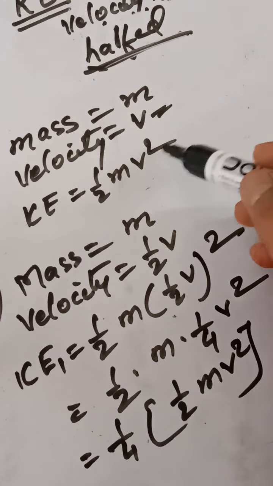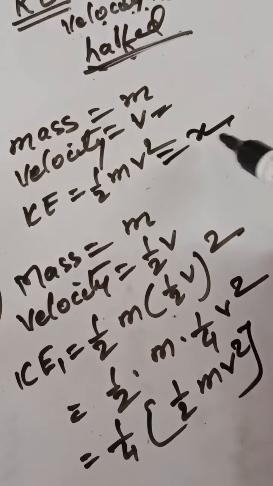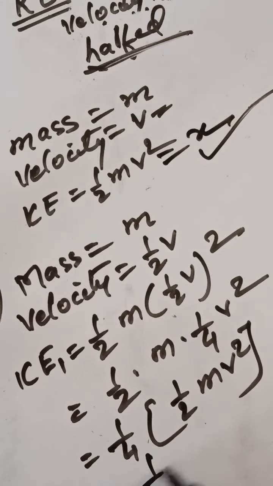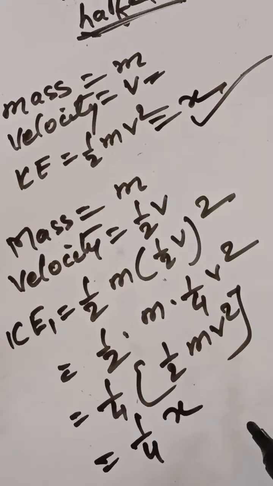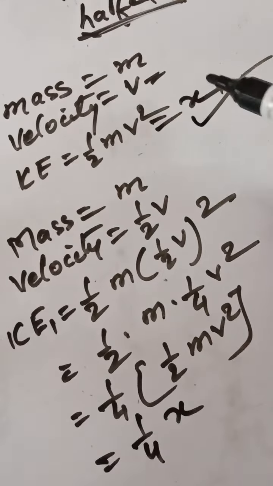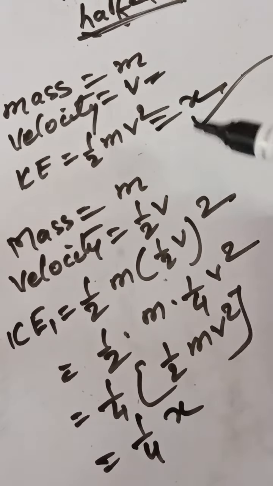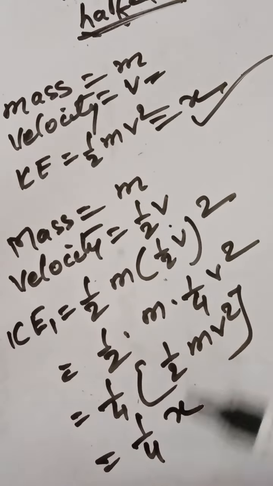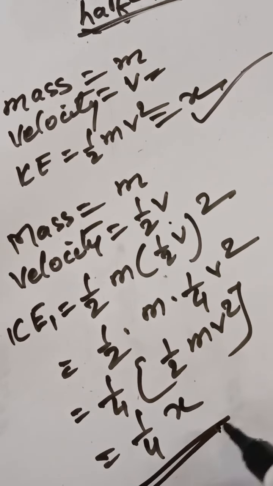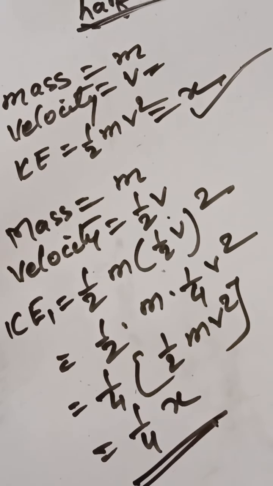And half mv square, as we have taken x, will become 1 by 4x. So we can see that when we make the velocity half, the kinetic energy becomes 1 by 4 times. In this way we have seen the effect on kinetic energy when mass is doubled, velocity is doubled, and velocity is halved.